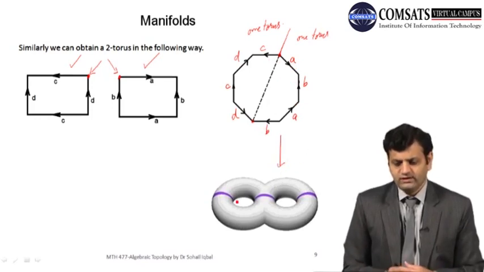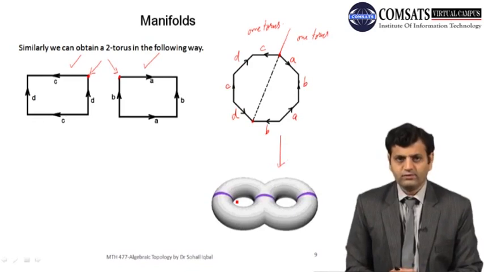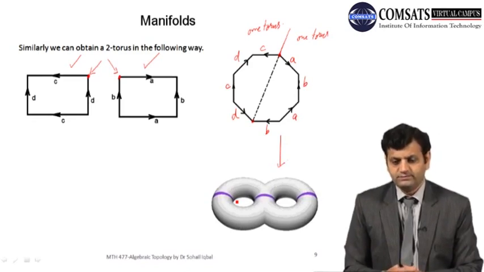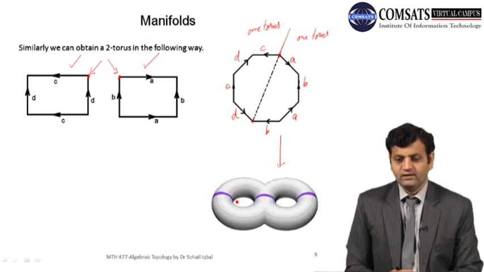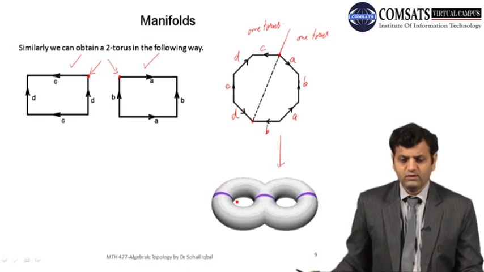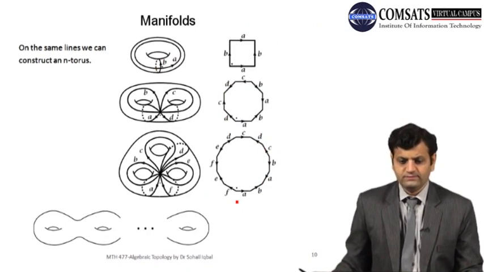That gives us hope that maybe it's possible for each and every manifold, or for example each and every two manifold, that we can obtain it in this way by identifying sides of a polygon. So let's go on and continue with this discussion.